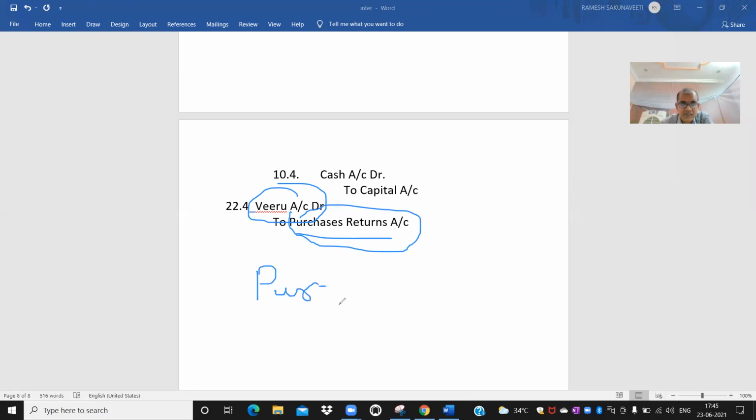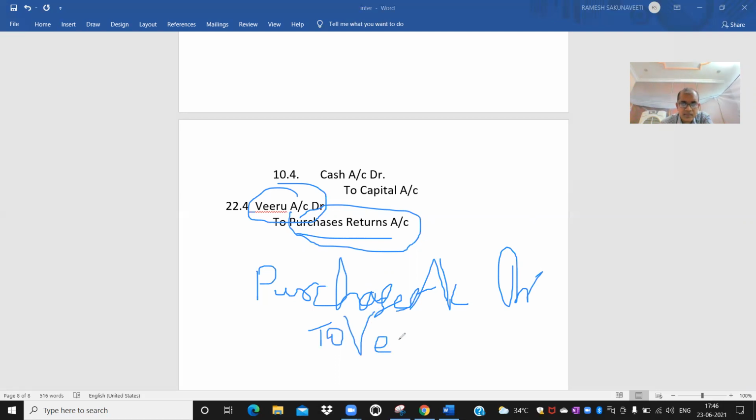When you are purchasing from him, what are you mentioning? Purchases account debit to that person's name, to Viru account. This is when you purchased from him. But now you return to him, so his account should be debited.